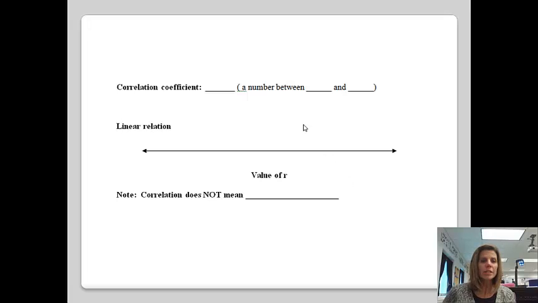All right, one letter that we use to describe the correlation coefficient is R, and it's just a number between -1 and 1. For no linear relationship, the R value would be 0. A positive relationship would be 1, and a negative correlation, remember, would be -1. So that's the biggest values you can have.